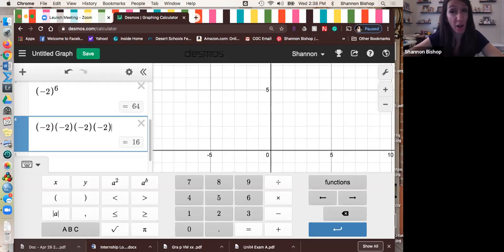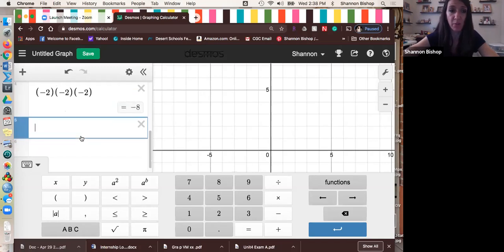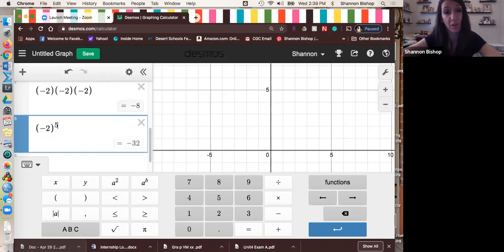Now, if it's an odd root, on the other hand, check it out. -2 cubed, yeah, that's -8. If you take -2 and times it by itself an odd number of times, you get a negative answer. The same thing would be true if I took -2 to the power of 5. You get a negative answer.